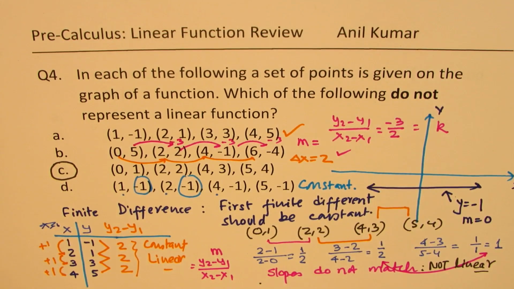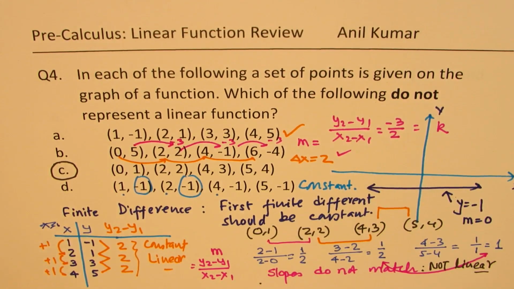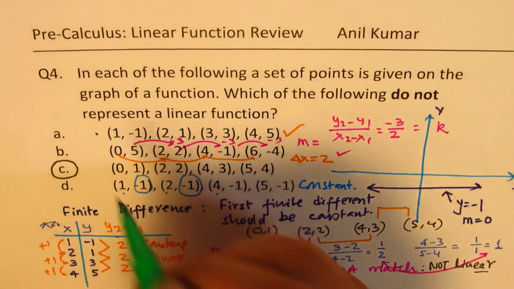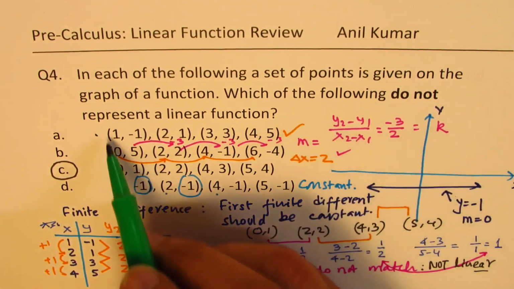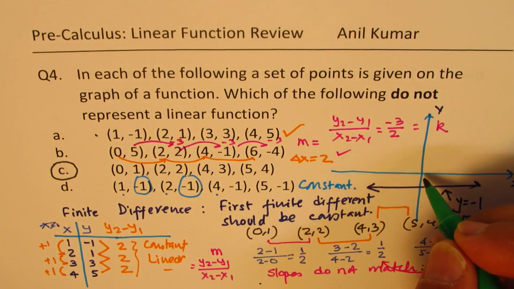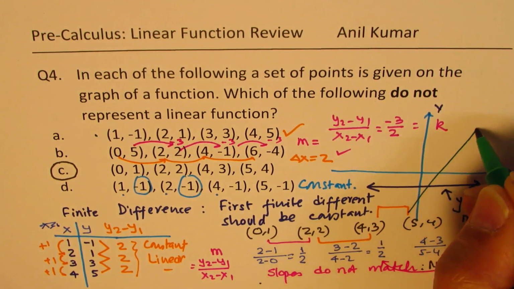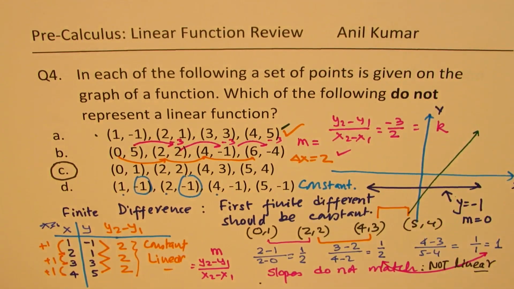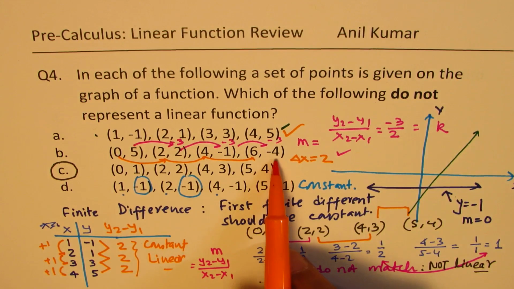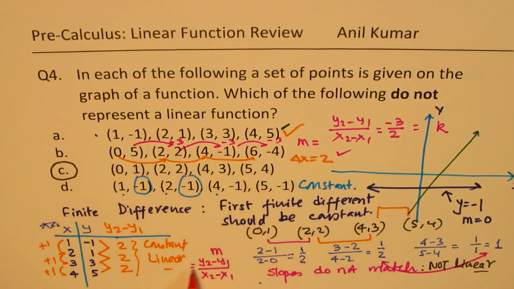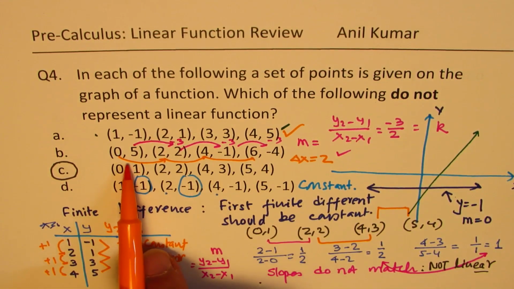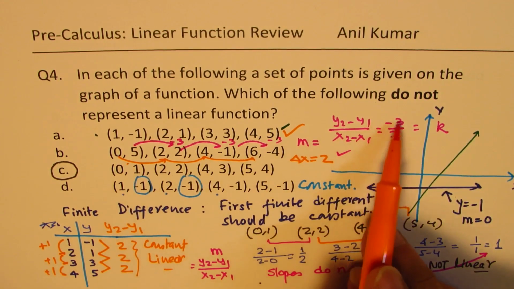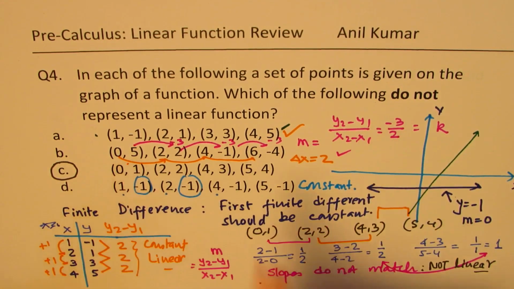Perfect. So that is how you're going to do it. In the first case, we have a straight line which is rising; at 1, we have a value of minus 1. The second line is falling, since we found that the slope is minus 3 over 2, and at 0 it is 5.